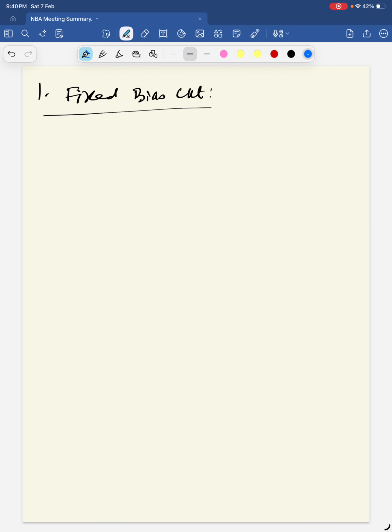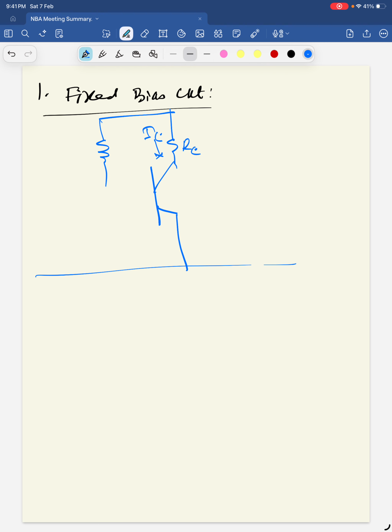Now here we'll use an NPN transistor. So first draw the circuit. This is the collector resistor. The current flowing is IC. The base resistor is connected to this region. This is the output capacitor, this is the input side capacitor, so C in and C out we can write, plus minus.